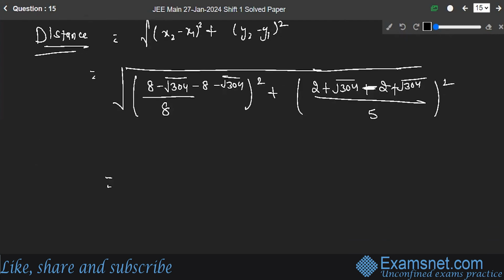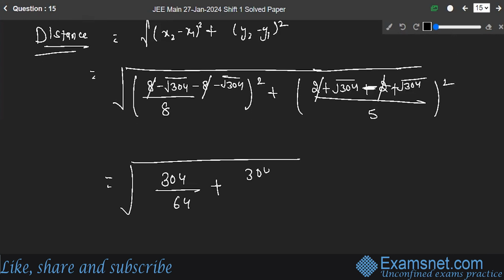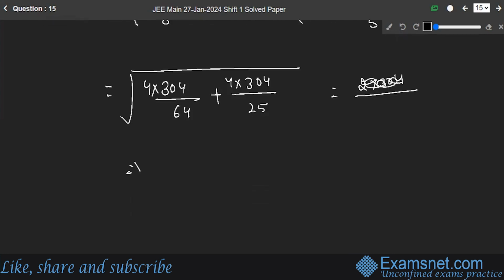So this becomes equal to, 8 and 8 will cancel, and here will be 304 upon 64, and again 2 and 2 will cancel, same thing, 304, okay, 4 also, because they will be twice, right? So 4 into this upon 25. This will give me 2 into 304. Let's do the calculations. On solving this whole thing, you will get the root of 1691 divided by 5. So this will be your final answer.